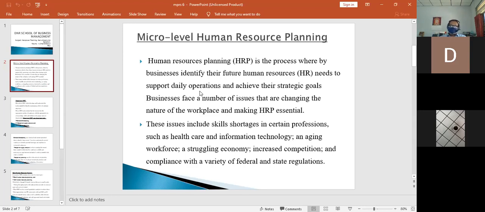Next, struggling economy. Here, if economic crisis arises, for example, we will take the Corona situation. The economy severely struggled, right? Like lack of transactions due to lack of money and all.